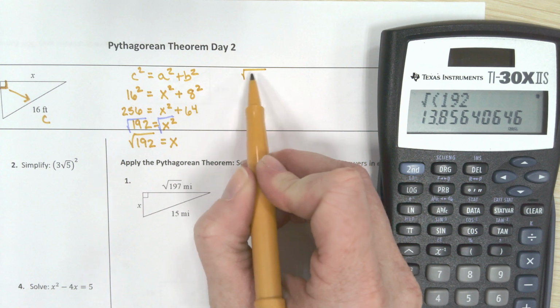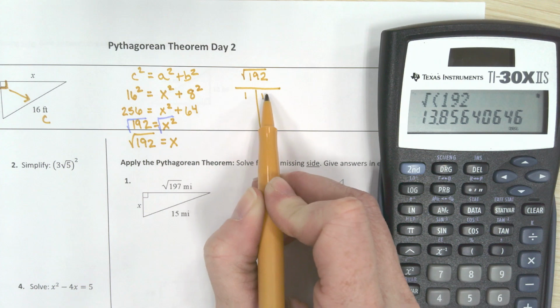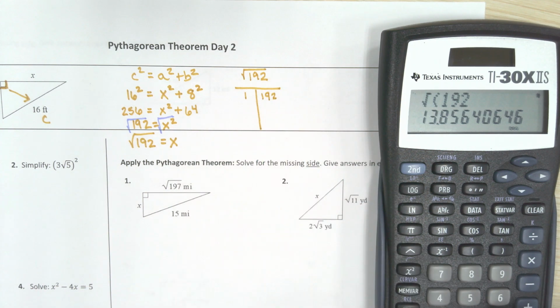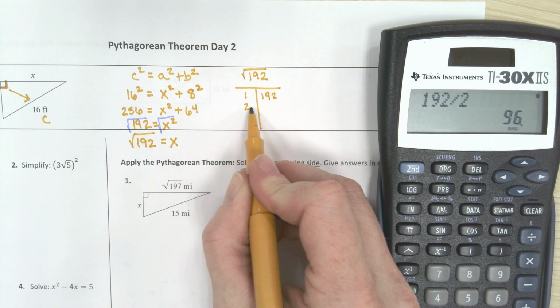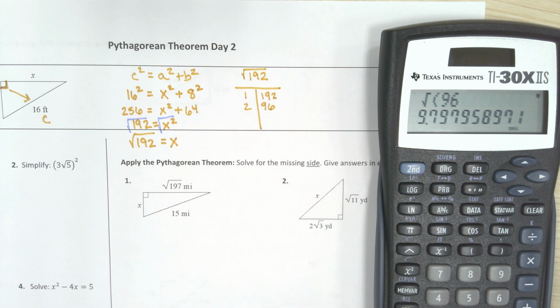So if we go about this using a factor table, we've already shown that 192 is not going to work, so let's go ahead and try to divide that by 2 to find a smaller factor. 2 and 96. But 96 is also not a perfect square, so that doesn't help us.